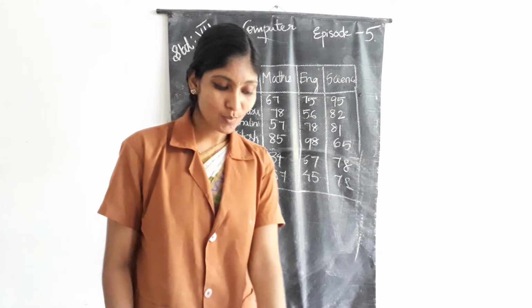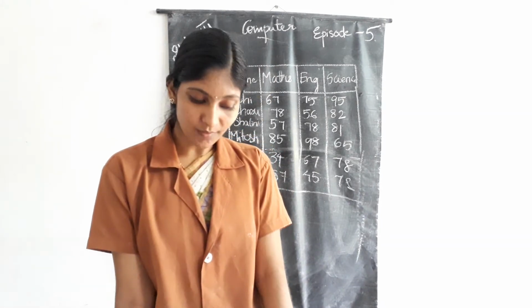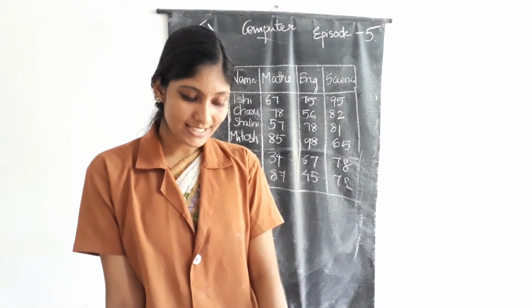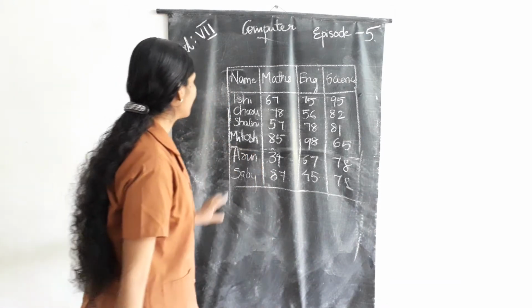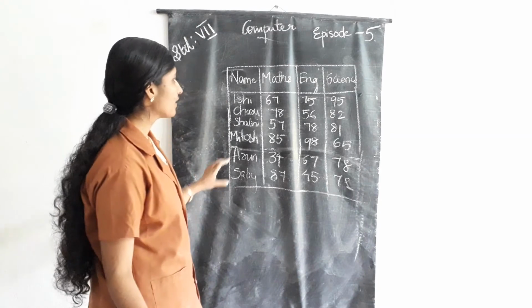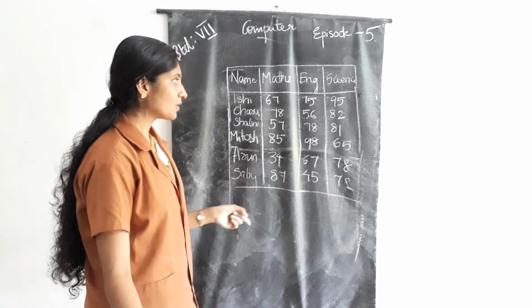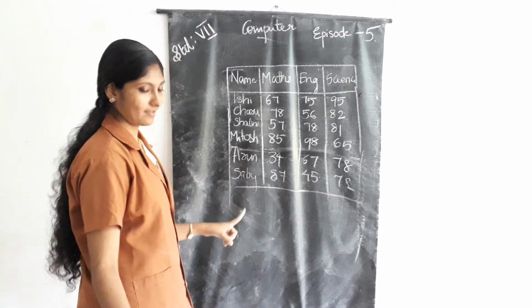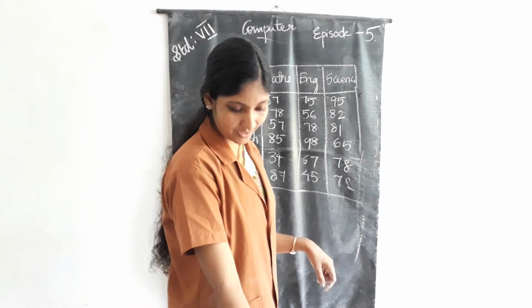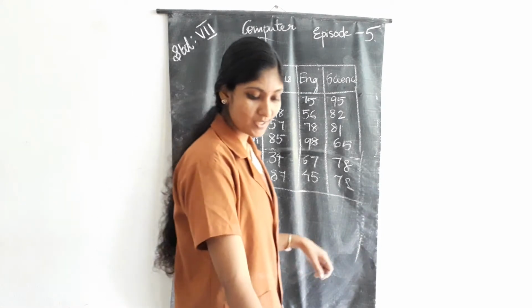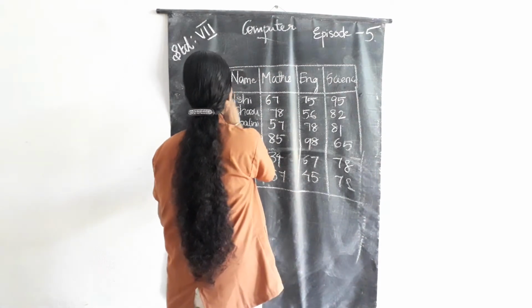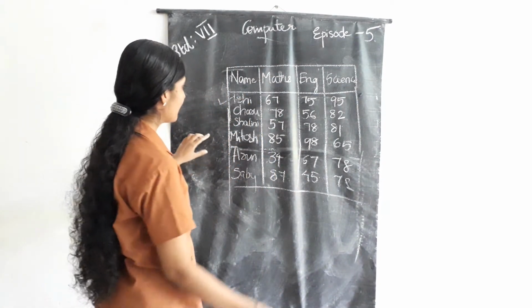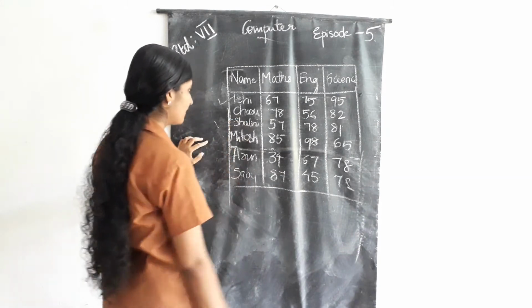So the question is to find out the list of students who have scored 75 or more marks in English subject. Can you identify which students scored 75 or more in English? Yes, Ishi got 75 in English. Then Shalini got 75 in English.